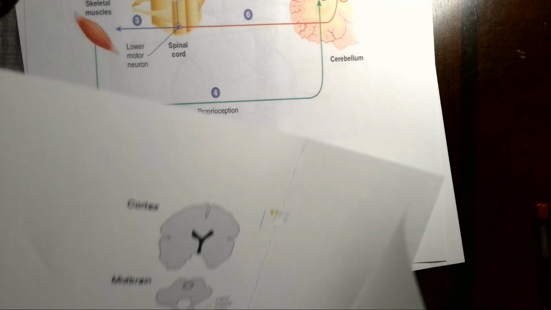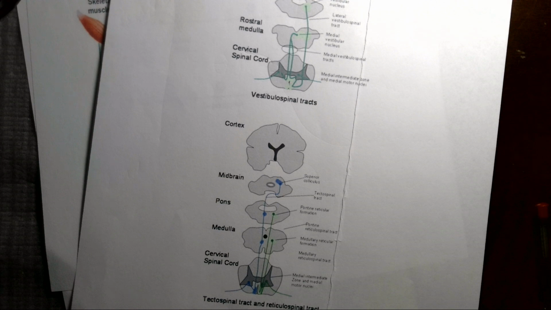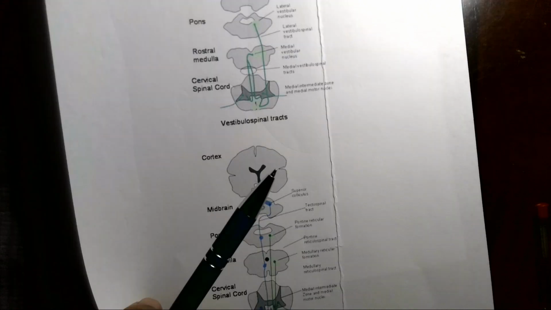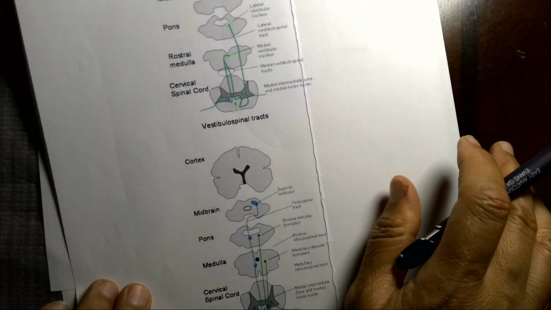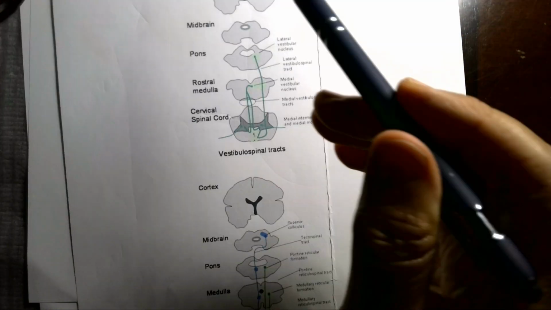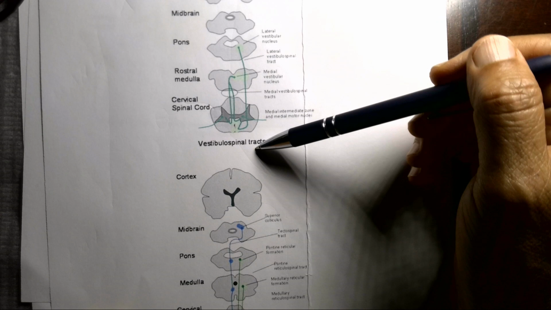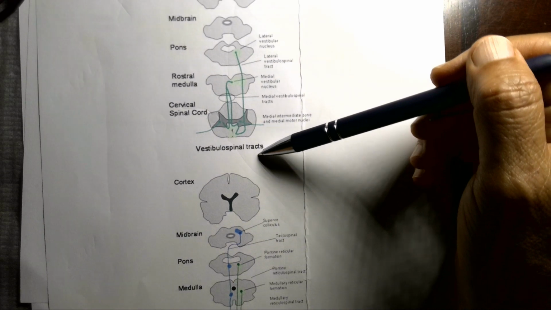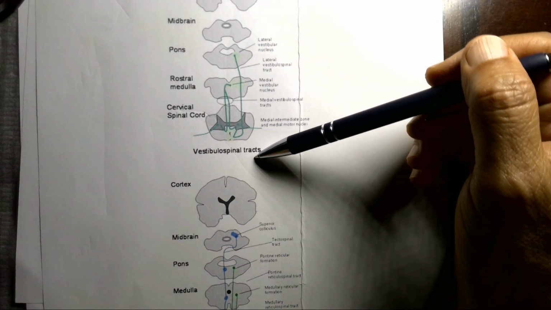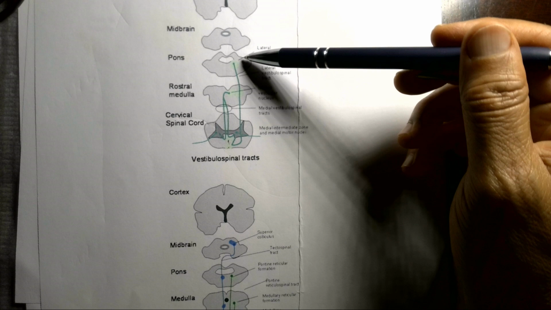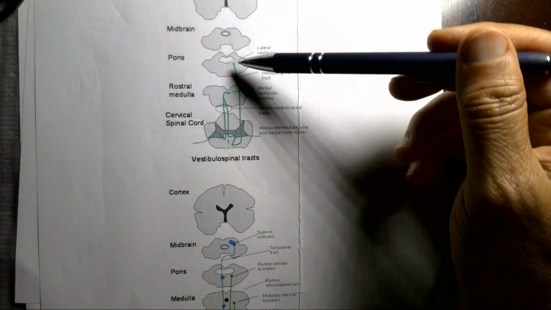So the last thing I need to discuss with you quickly is the medial system or anterior system. This is the vestibulospinal tract, coming from the vestibular nuclei in the pons and the medulla, and then it is not crossed.